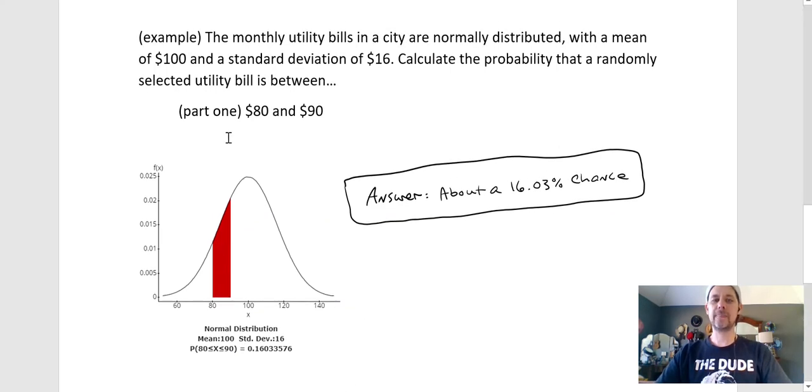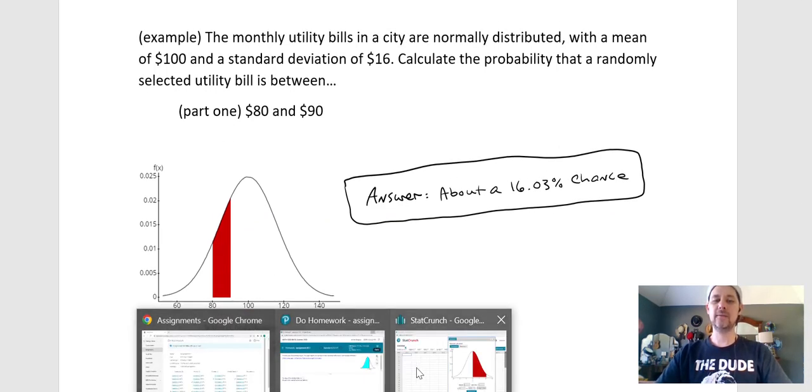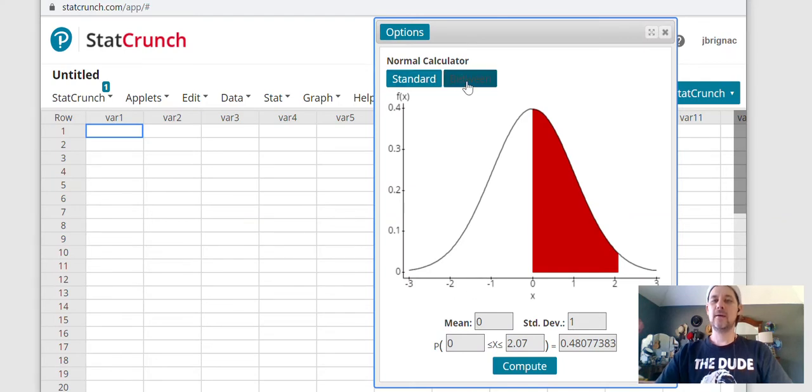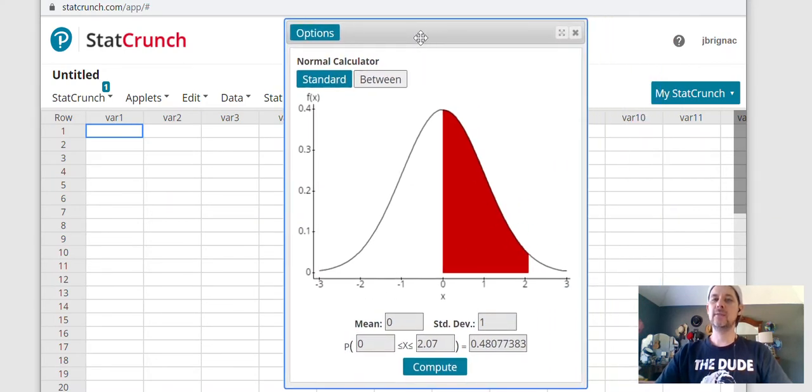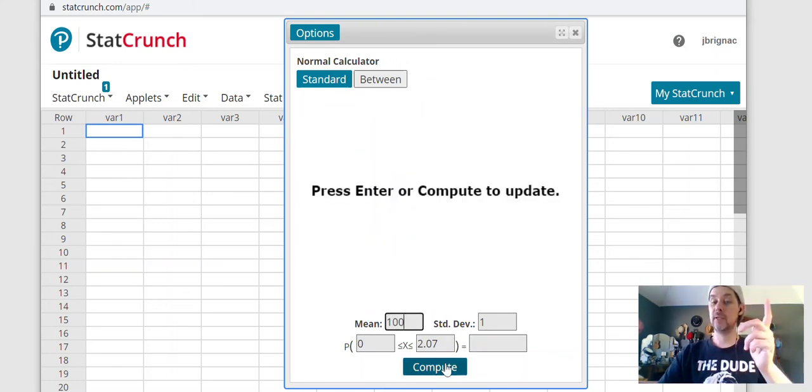So let me go to StatCrunch. What were we dealing with? Normal distribution, and it said the mean was $100. I'm going to put 100 in. And it says the standard deviation was $16.